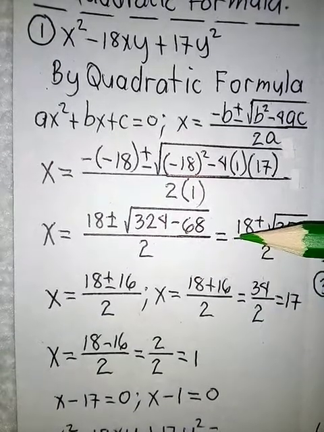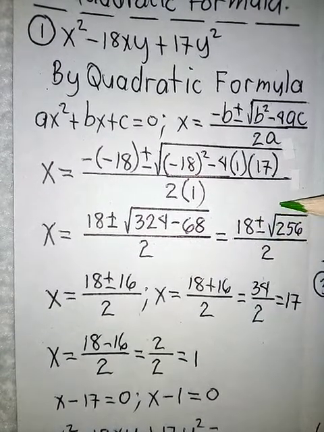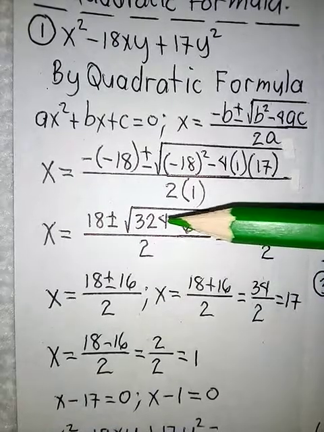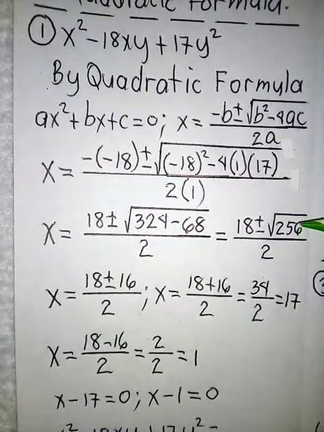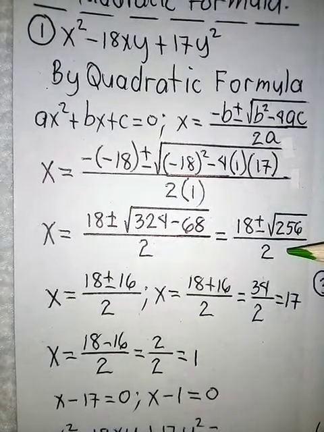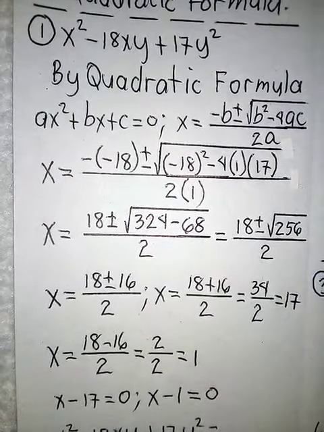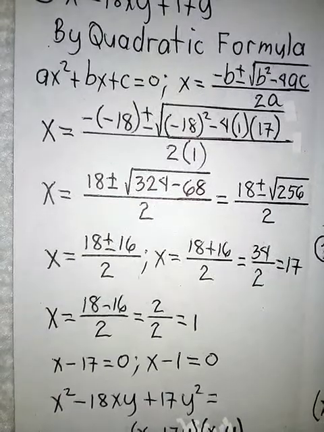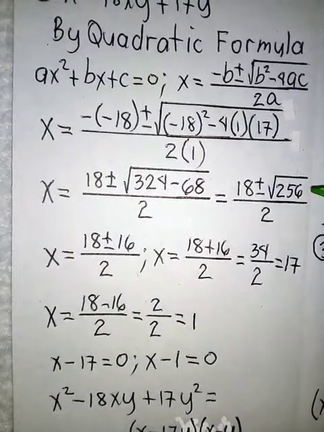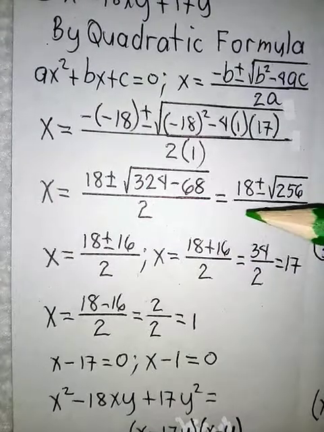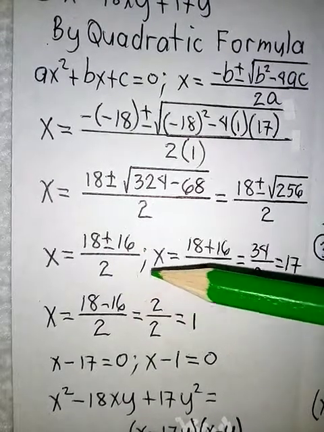So we have here 18 plus or minus the square root of 324 minus 68, which is equal to 256, all over 2. So x is now equal to 18 plus or minus the square root of 256, which is 16, all over 2.